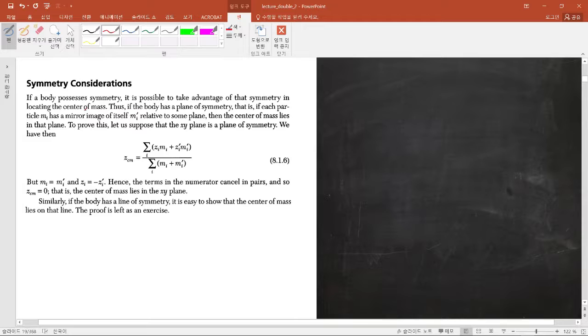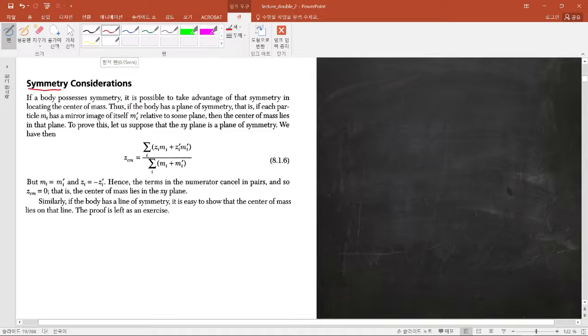Okay, so first thing we consider is that if the object has some symmetry, then it is very easy actually to calculate the center of mass. Actually, you don't have to calculate it. If you have some symmetry, then you can immediately conclude that some of the center of mass coordinates can be determined precisely without any practical calculation.